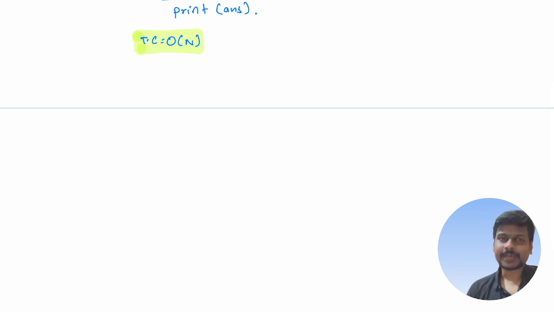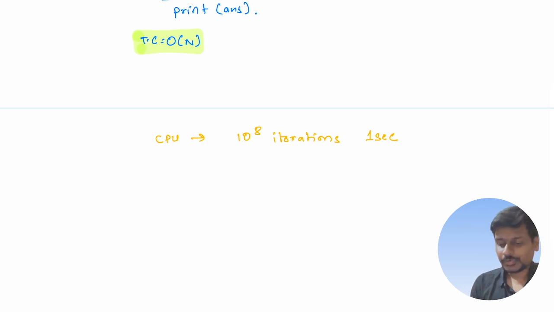Let's take a deep dive into the time complexity, right? Let's say our CPU is able to process 10 to the power 8 iterations a second, and this is a fairly reasonable estimate. So if you want to calculate the number of factors of a number of the order 10 to the power 8, it will take around 1 second, which is okay.